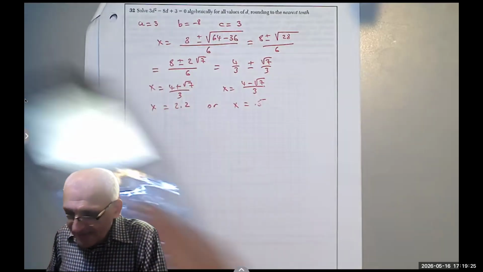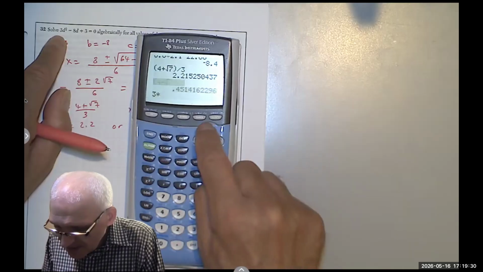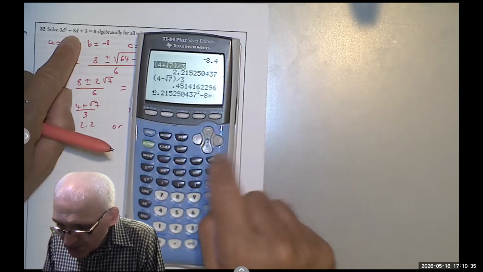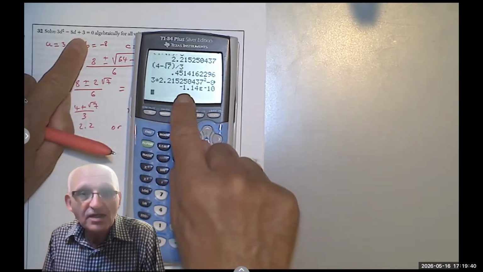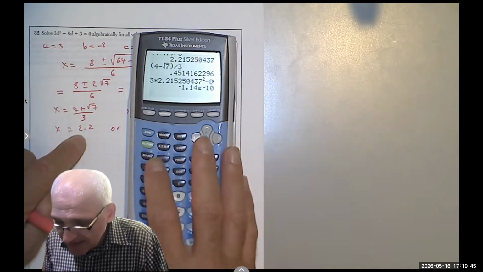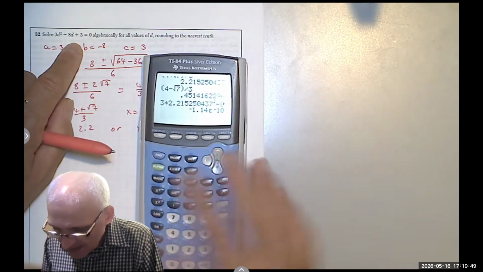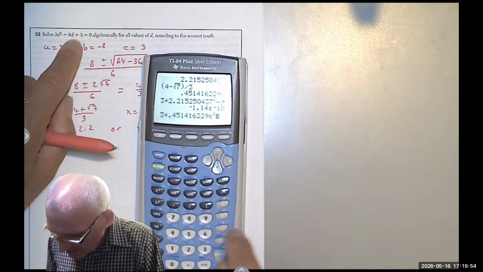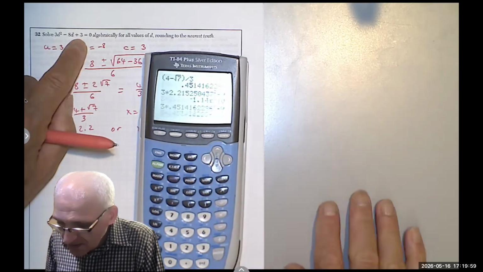Well, we can go back and check that we didn't do any error. So 3 times d squared minus 8 times d plus 3, I got 0. If I select the second value, which is 0.45, but they want it to the nearest tenth, so I can say 3 times this value squared minus 8 times this value plus 3.